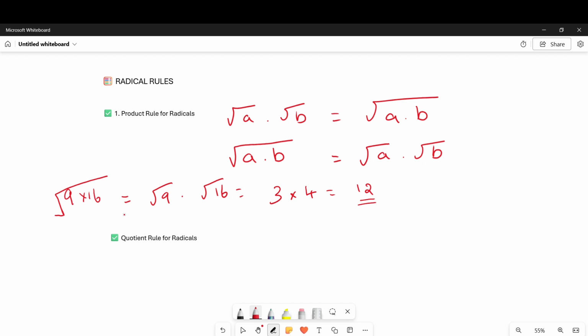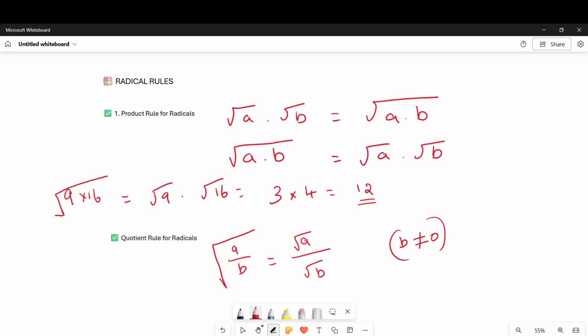Then we go to the quotient rule. It is the same thing: a divided by b inside the square root symbol can be converted into root of a divided by square root of b, as long as b is not equal to 0. If b is equal to 0, there is no solution for the expression, because the denominator will be 0.